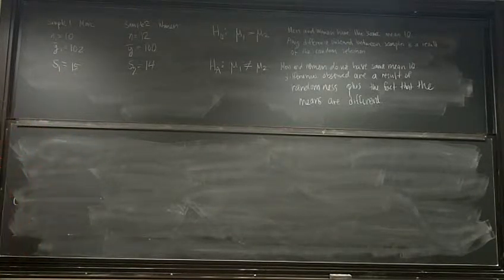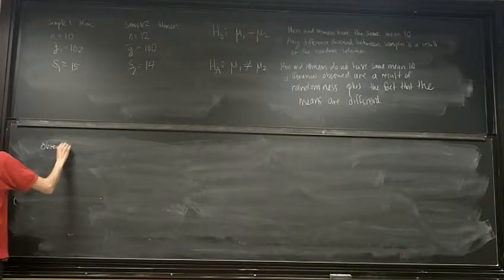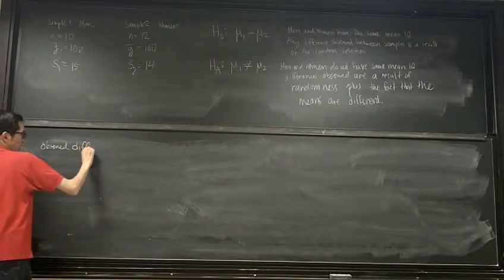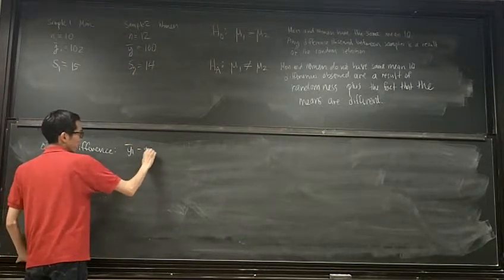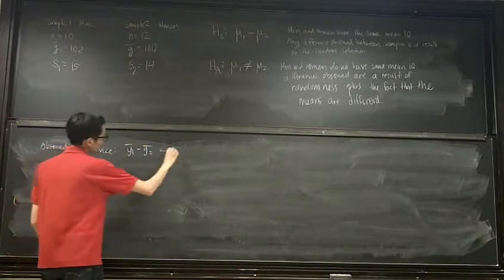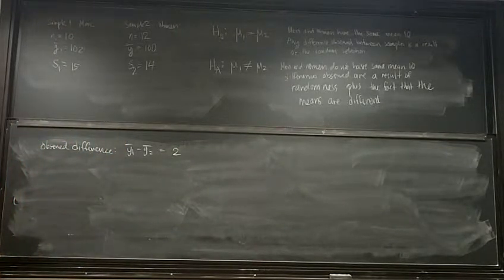So what is the observed difference that I saw? My observed difference is y1 bar minus y2 bar. I observe a difference of 2 IQ points between the two samples.